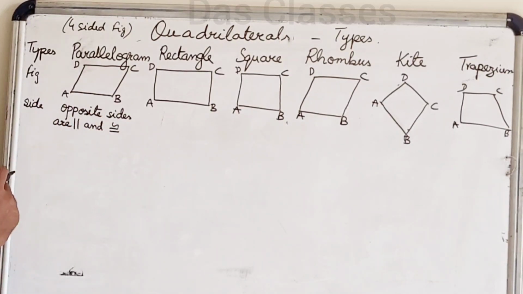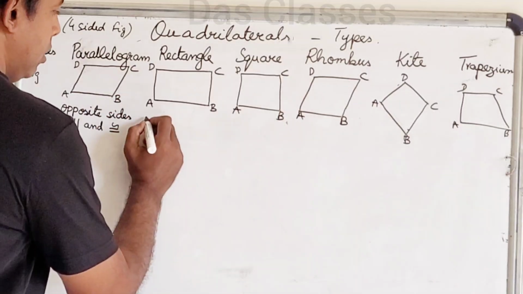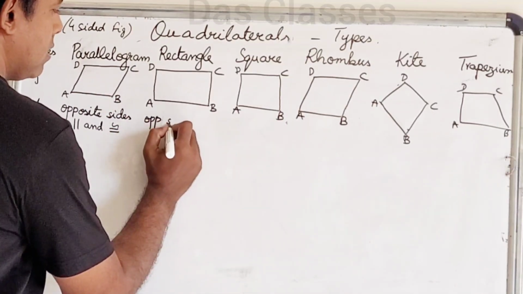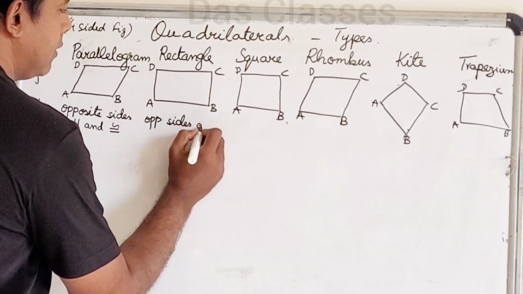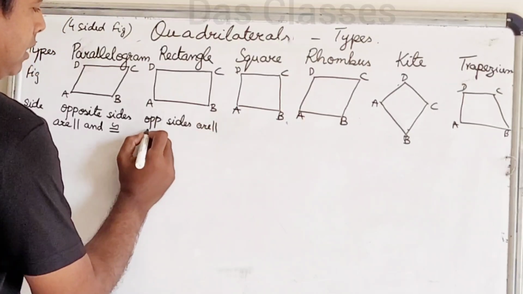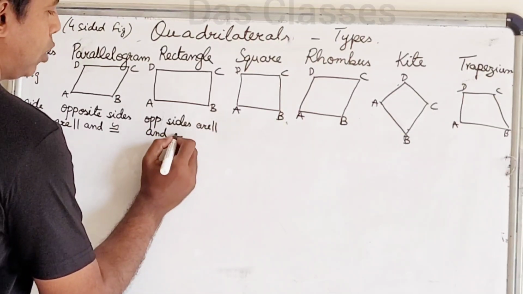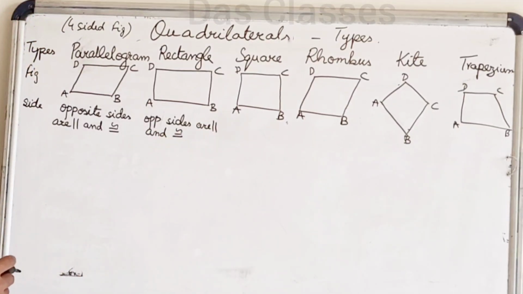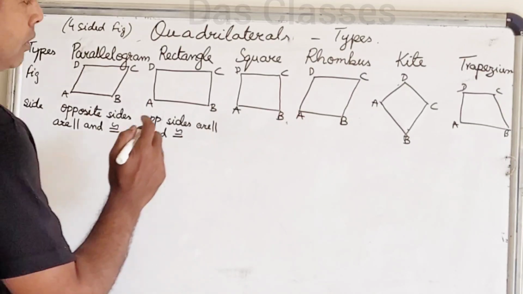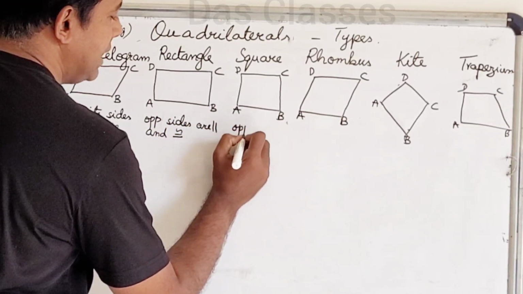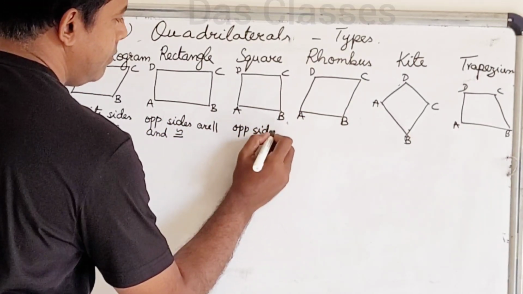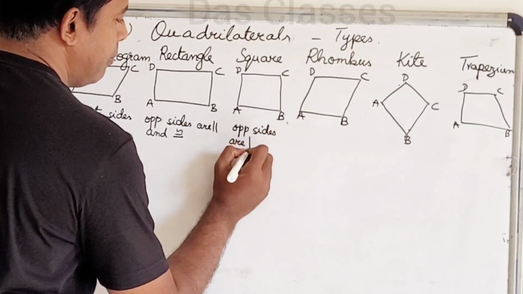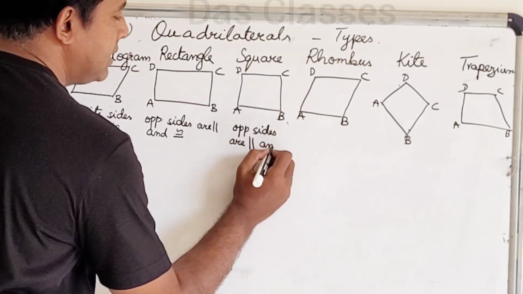In case of rectangle, same thing. Opposite sides are parallel and congruent. In case of square, opposite sides are parallel, and all sides are equal.